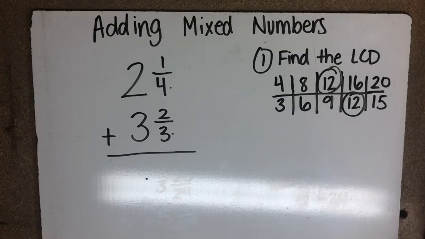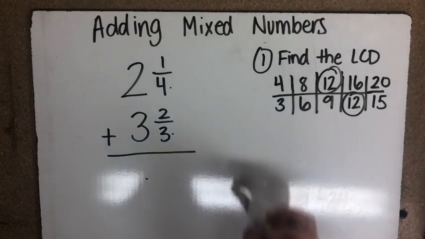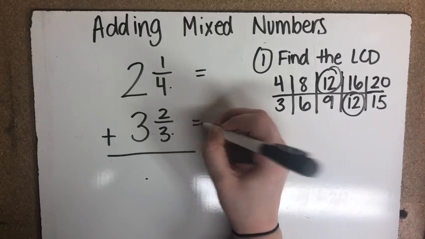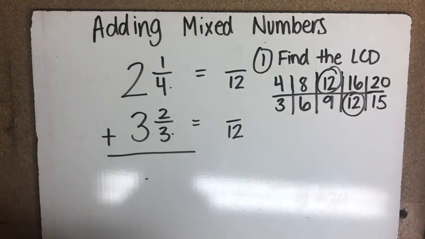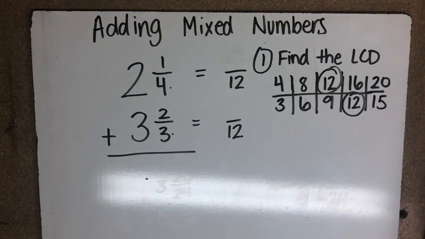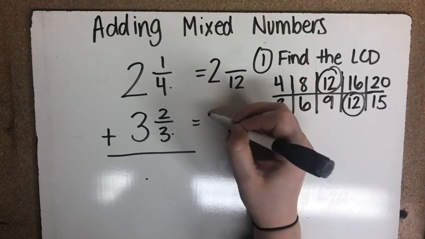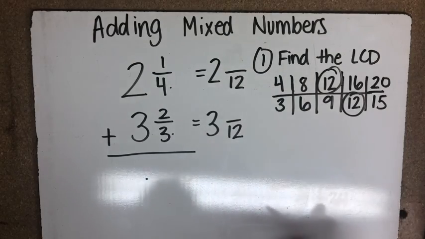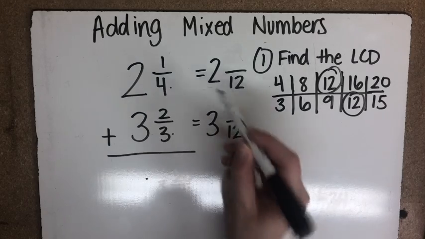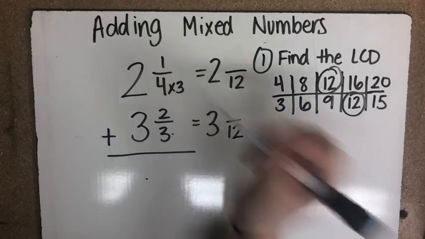So my second step is to rename those fractions, and we should be getting very good at this point. Now, when you do the renaming part, it's important to remember that your whole numbers will stay the same. Nothing changes to them because they're whole numbers. But I do need to change my numerators. So 4 to 12, I need to multiply by 3.